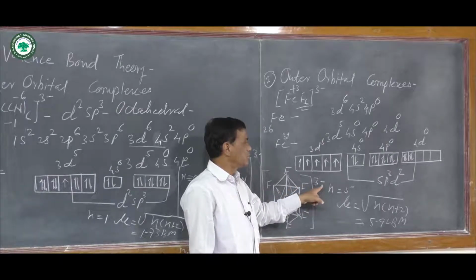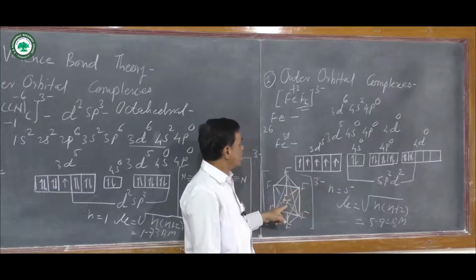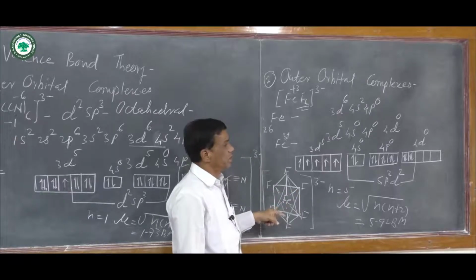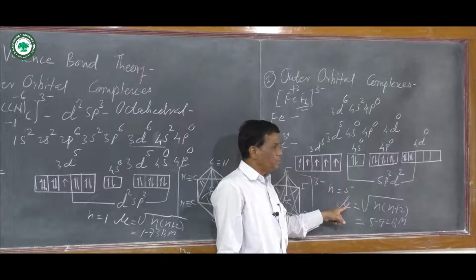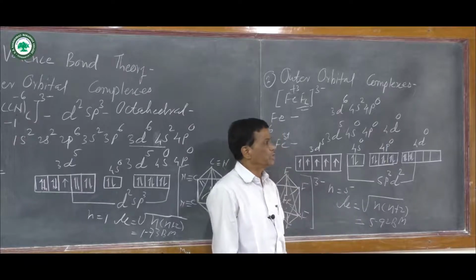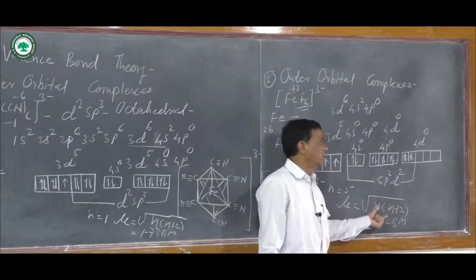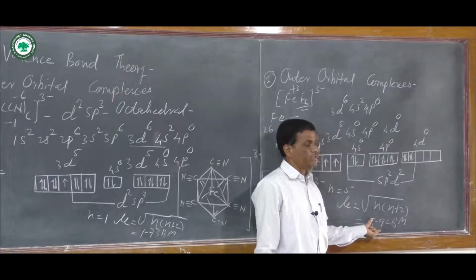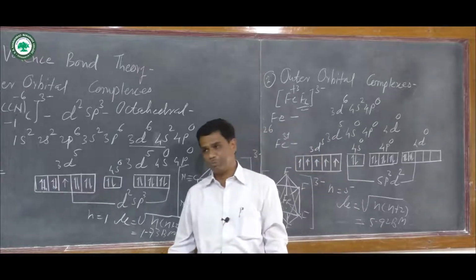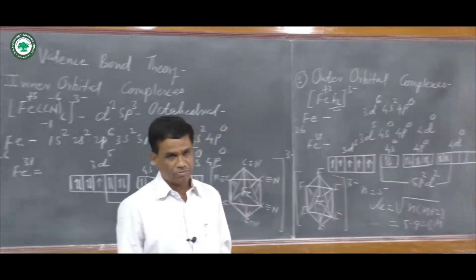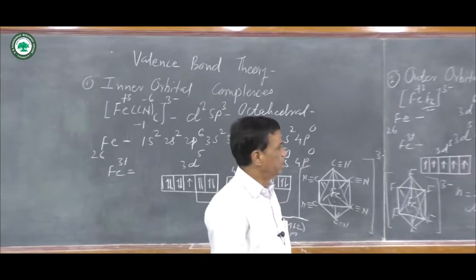Charge on the complex is equal to 3-, coordination number is equal to 6, and the number of unpaired electrons is equal to 5. Mu effective, the magnetic moment, is equal to the square root of n into n plus 2. This is the formula, and by putting n equal to 5, we get that value equal to 5.92.